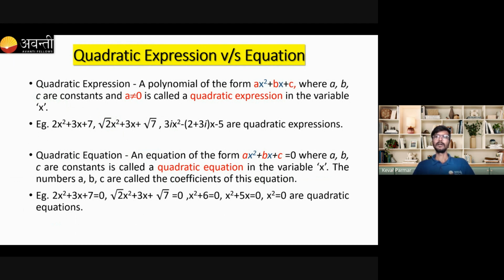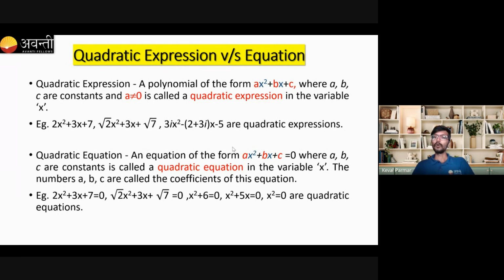So here's a differentiation between quadratic expression and quadratic equation. A quadratic expression is basically a polynomial of the form ax square plus bx plus c, where a, b, c are constants and a is not equal to 0. Obviously, guys, if a equals 0, then the equation will not be quadratic, it will become linear.